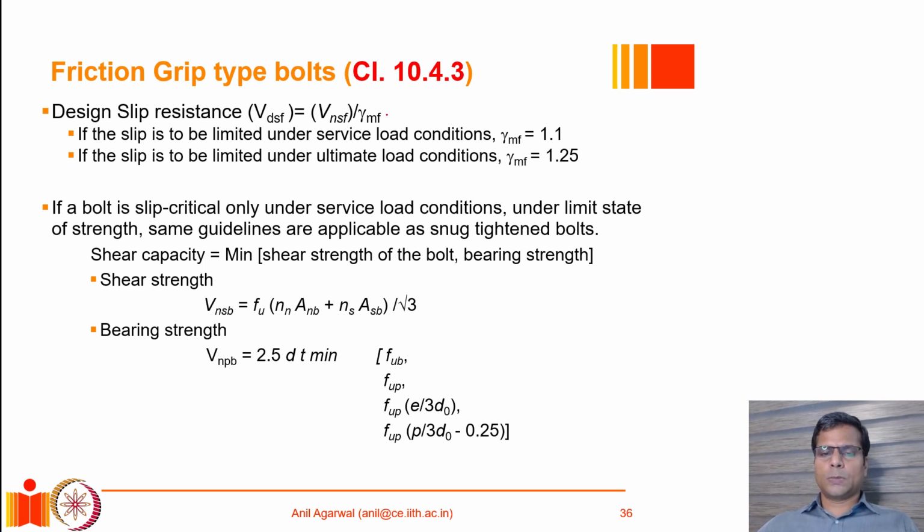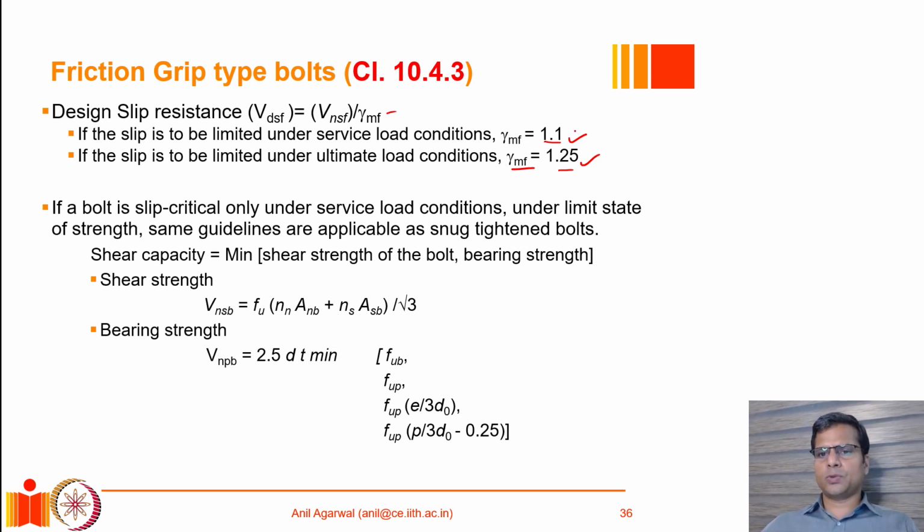Now, just to reiterate, the two different factors of safety, material factors of safety, for service load conditions, if it is slip critical, we will be taking 1.1. But for ultimate conditions, that is strength limit state, if we want the connection to behave as a slip critical connection, then the factor of safety will be taken as 1.25.